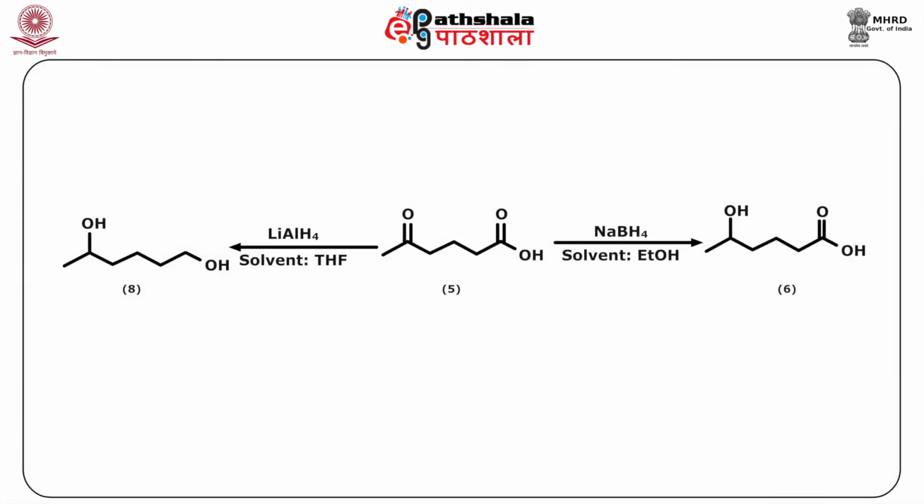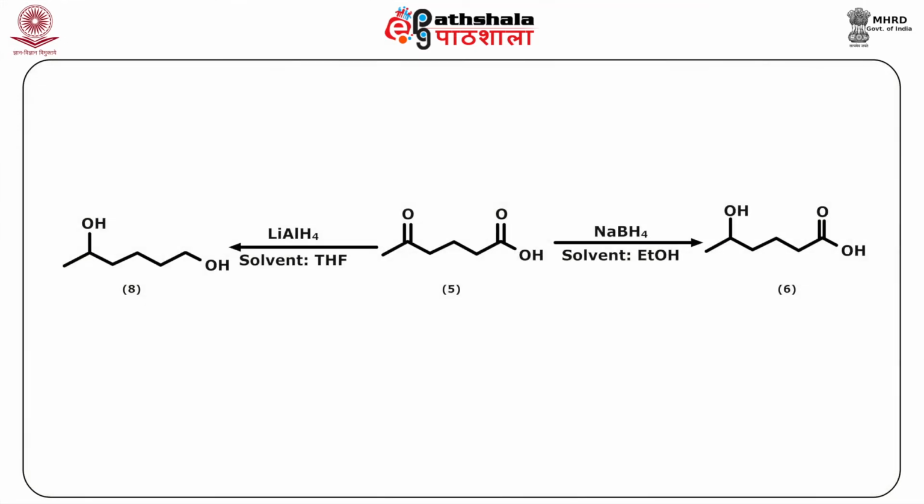Examples include the selective reduction of 5-oxohexanoic acid 5 with sodium borohydride and lithium aluminum hydride, which, due to greater relative chemoselectivity, give different products: 5-hydroxyhexanoic acid 6 and 1,5-hexanediol respectively. The solvent systems are different, and changing the reducing agents gives us two different products, where each reagent is chemoselectively reducing one of the functional groups and not the other.